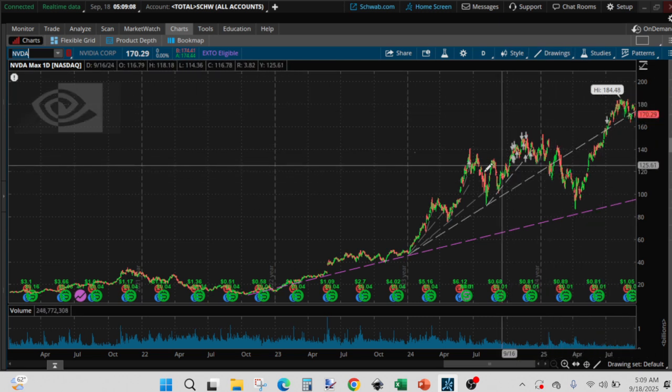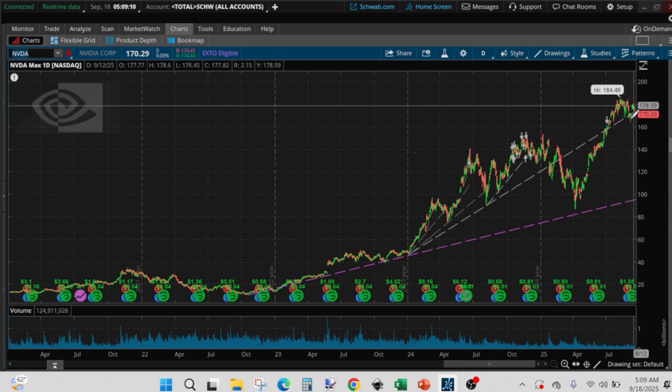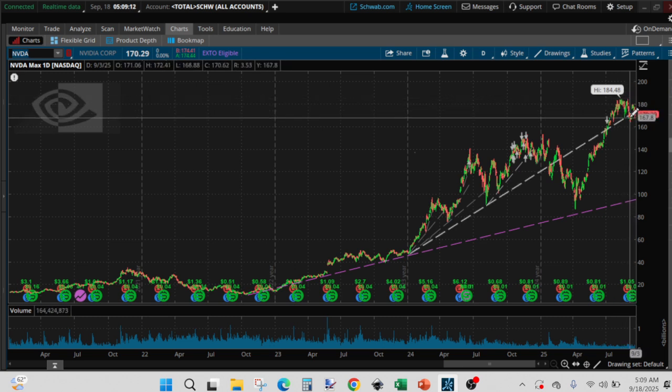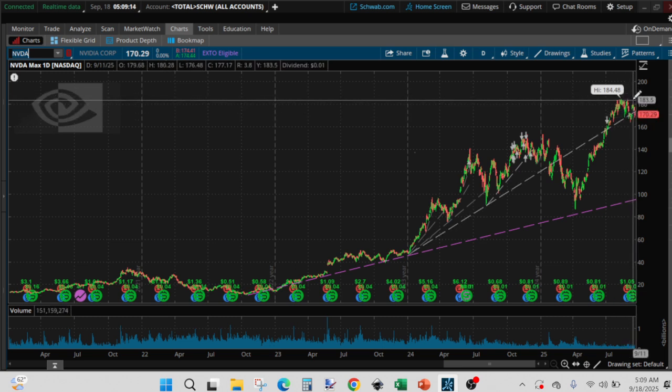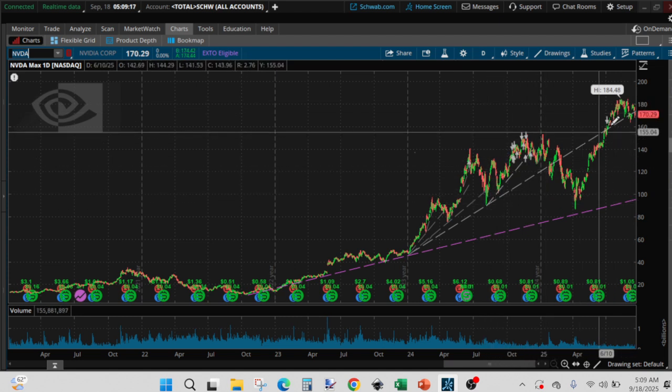based on last year, the short-term and swing strategy, I could use it here and continue buying a little bit. But again, I'm not going to do that.